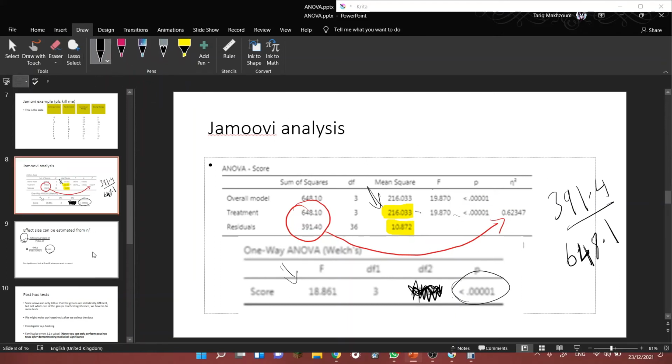And so when you want to report it, you can basically say that the ANOVA for this test was highly statistically significant, and it has an effect size of 0.62.